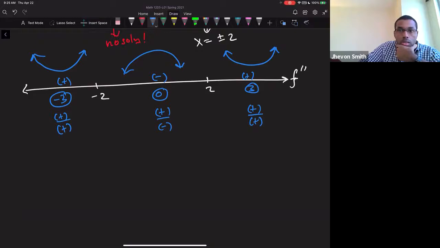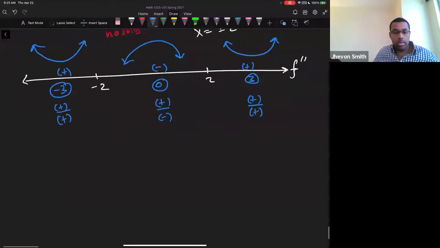No. But at -2, we switch concavity. Inflection is when you switch concavity, right? Yeah. But they're not in our domain. But they're not in the domain. So no, they're not anything. Correct. So -2 and +2 are not inflections, even though we switch concavity, because they're not in the domain.